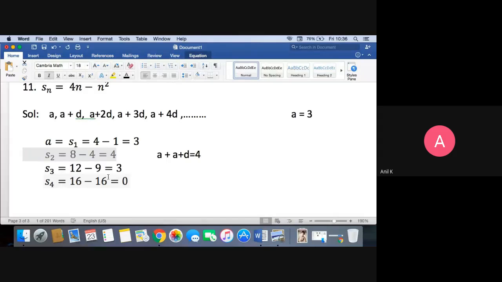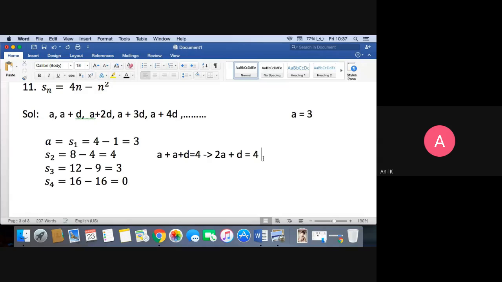Is this explanation clear for everyone? S2 means sum of two terms. My first term of AP is A, the second term is A plus D. When I add these, A plus A plus D is 4. That is A plus A means 2A plus D equals 4. Once I know 2A plus D equals 4, I know A value is 3. We already got A value is 3.